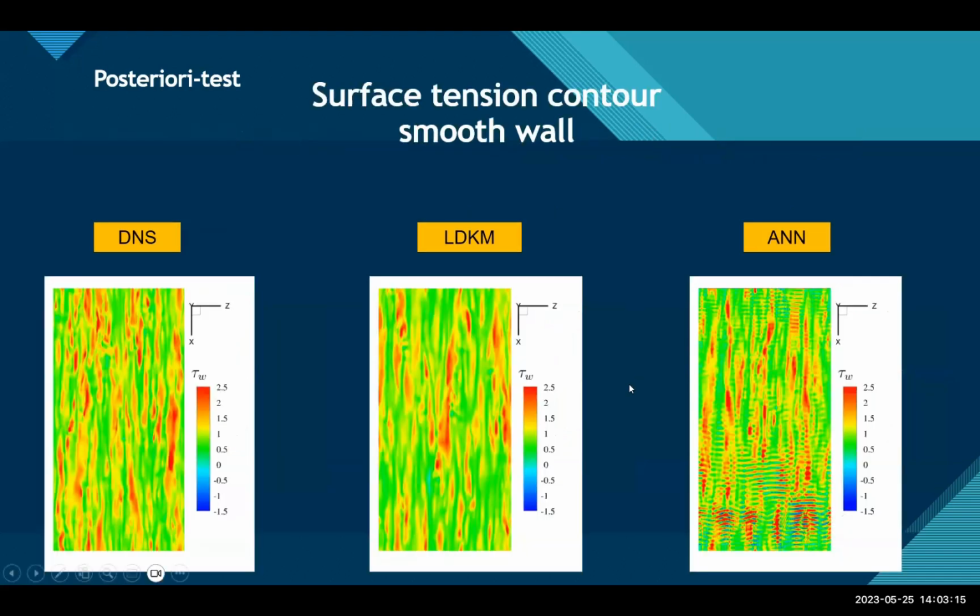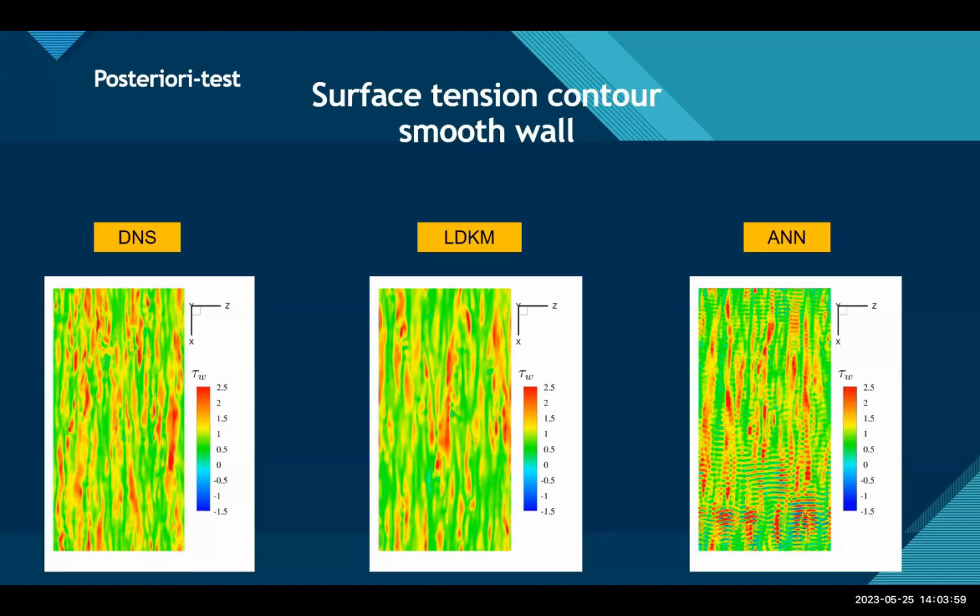Here we can see the surface tension contour for the smooth wall. In this case, we trained the model for smooth and rough walls. As you can see, the DNS case is here, the exact result, and LDKM is this one. And finally, we have the ANN model. At the entrance and the output of the domain, we have some problems, but we resolve this because we need extra features for training our model.